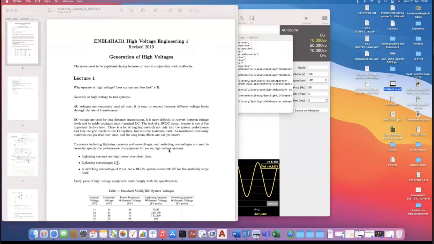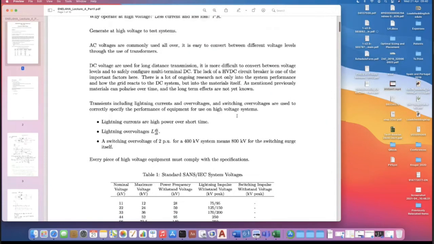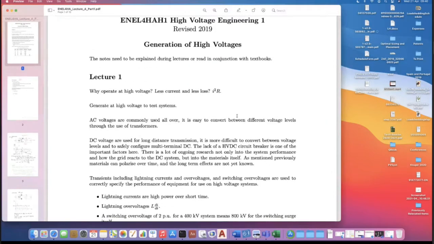We covered why we need high voltage at the beginning of the course. It's because by running at high voltages, we use less current. It comes with other problems though, as you've already seen, that you actually get breakdown in gases, solids, and liquids at high voltages.